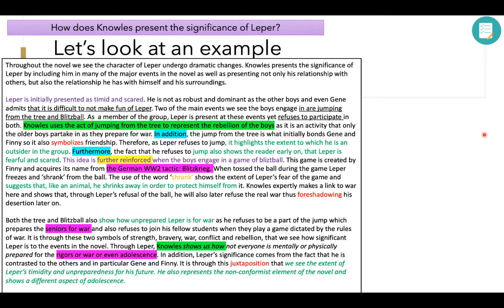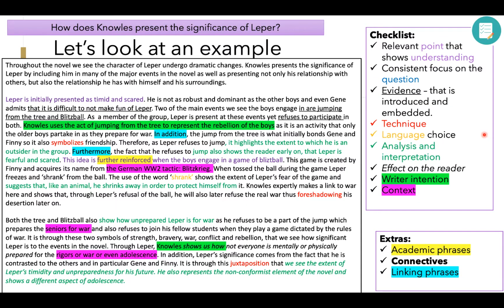Okay, so let's look at an example. Now, this is not the full essay. This is just my introduction and then the first point on the final plan that we looked at a few slides ago. So what I have here is just a checklist, and it may help you to have a checklist of your own, either use something similar to this or just create something that helps you.